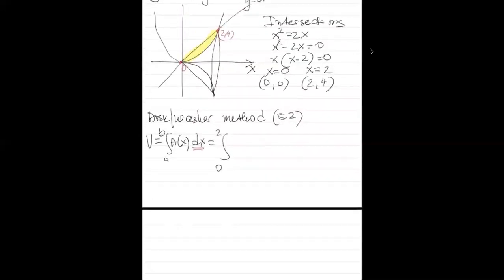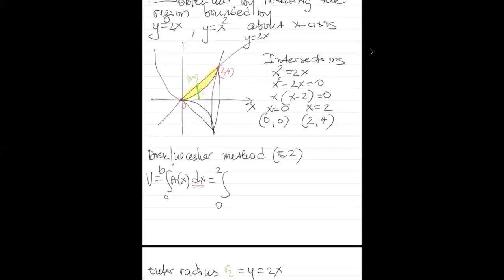At a random point (x, y), the outer radius, let's call it R2, is equal to the y coordinate of that point, which is 2x, because it's on the line y equals 2x.